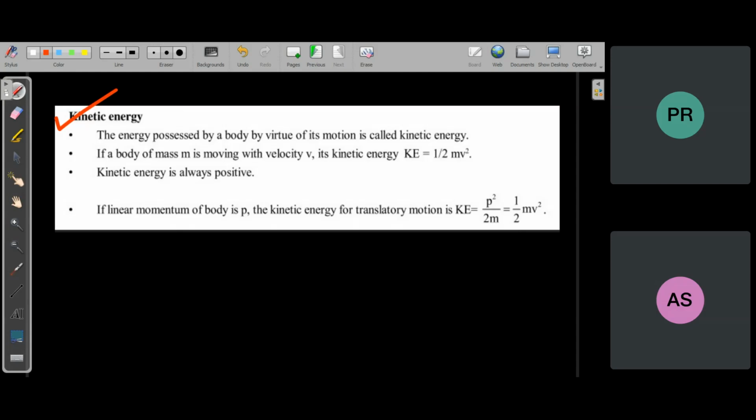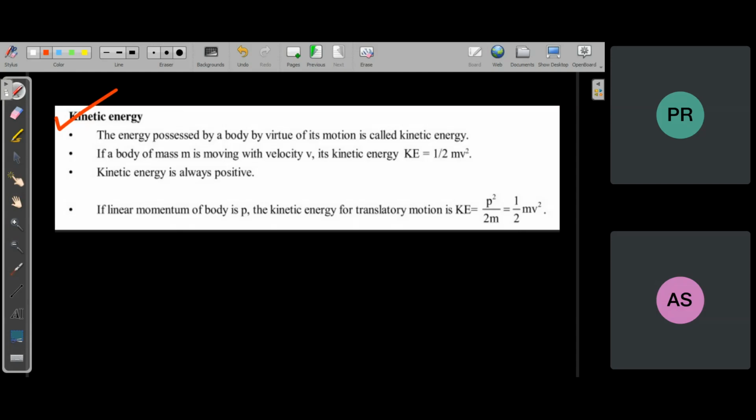Sir, due to motion, a body gains some energy, and that is called kinetic energy? Well, what you are trying to say is not quite correct. It's not that there is motion first and then it gains something.